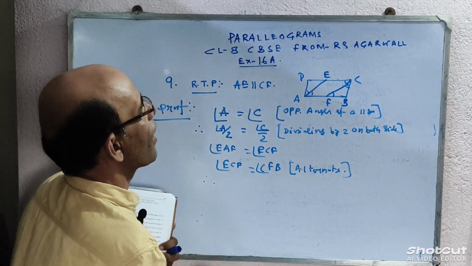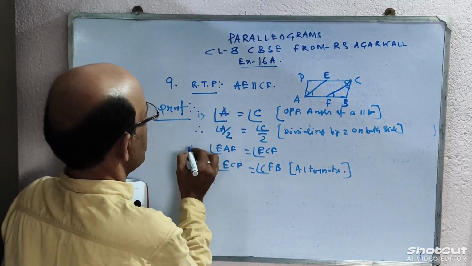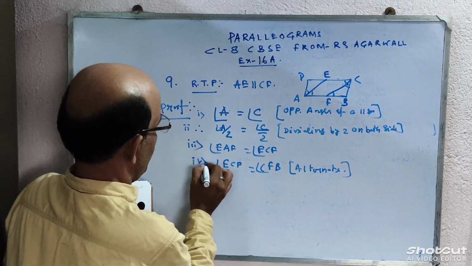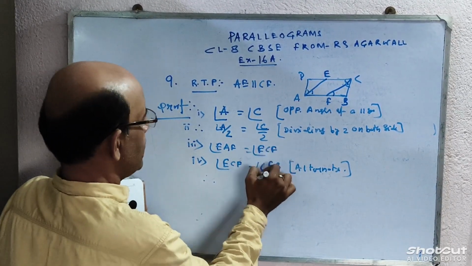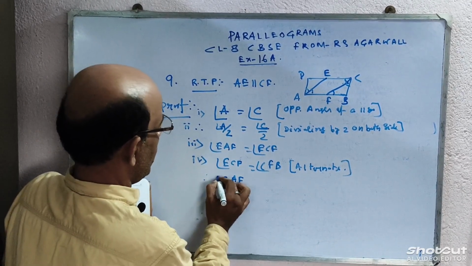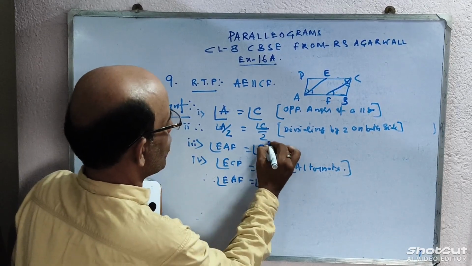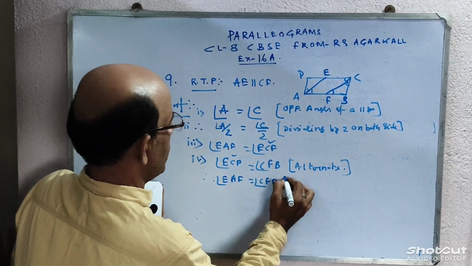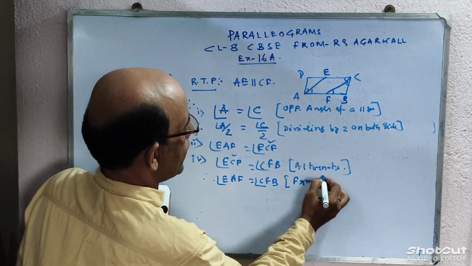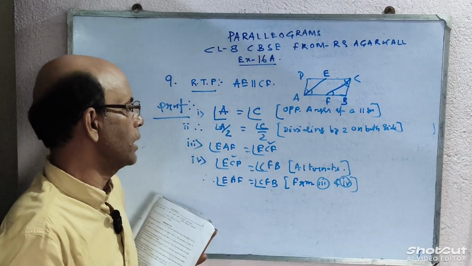Therefore, we can conclude this. From these two statements, EAF is equal to CFB, because this angle is common in both. The reason will be from statement 3 and statement 4.